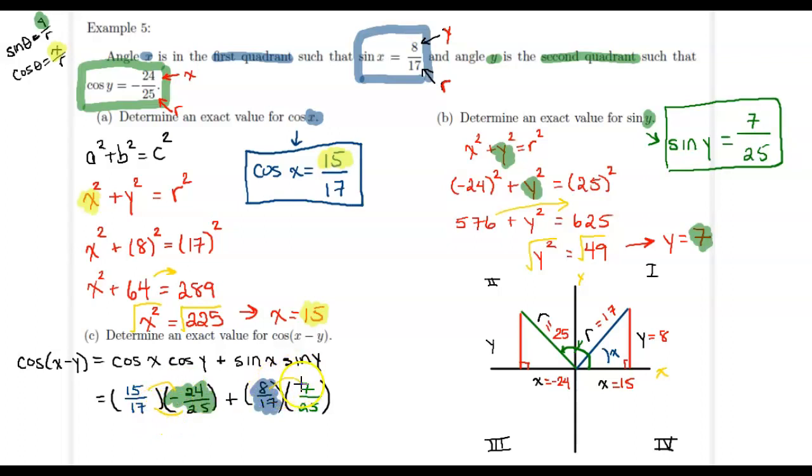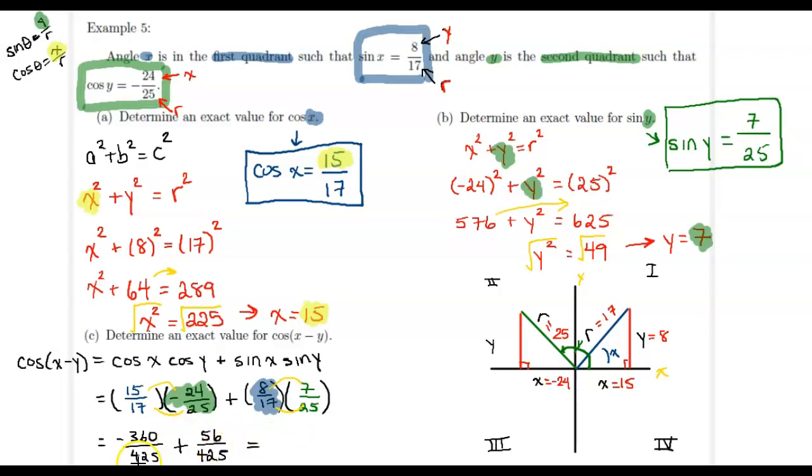So now we're just going to clean up and simplify. First, we're going to multiply these fractions, and when we do that, we multiply the tops and we multiply the bottoms. So 15 times negative 24 gives me negative 360 over 17 times 25, which is 425, and then plus 8 times 7, which is 56, over 17 times 25, which is 425.